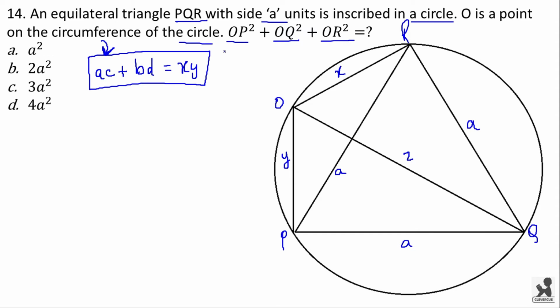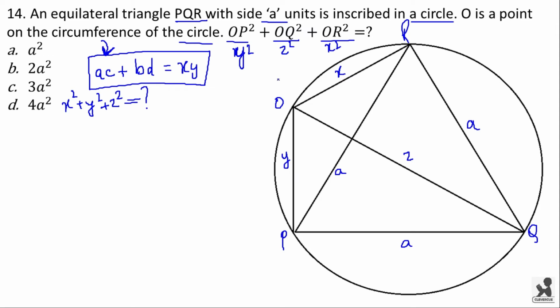Now OP square is y square, OQ square is z square, and OR square is x square. So ultimately we are asked x square plus y square plus z square. We have to find this value.